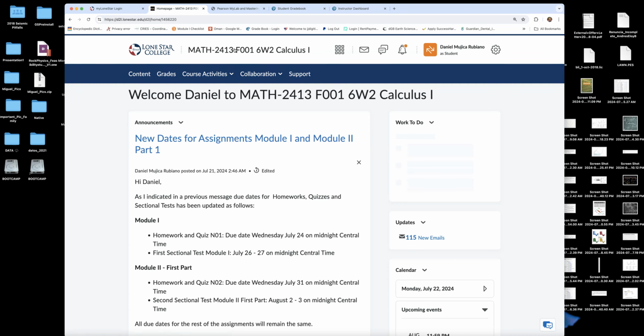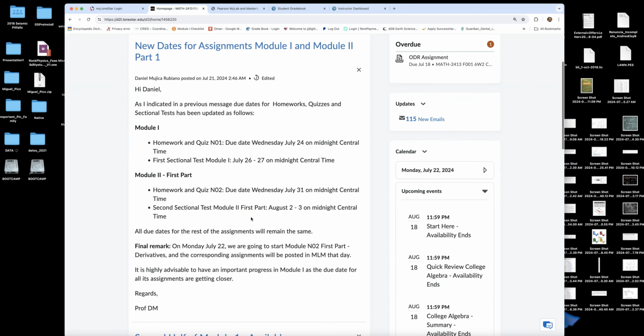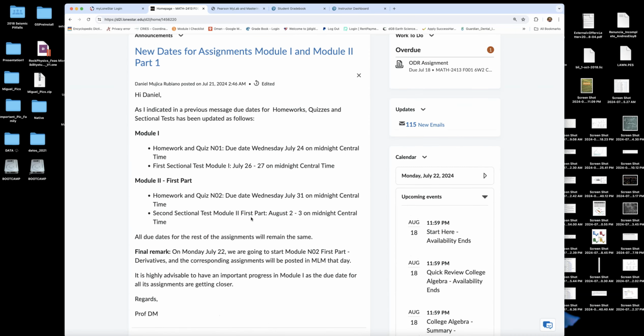So what is going to happen during this week in terms of assignments? All the homeworks in MyLabMath for module number 1 are due this coming Wednesday, July 24th, at midnight Central Time. So please try to make all the progress in those assignments.